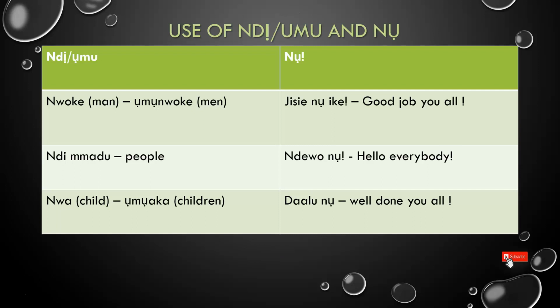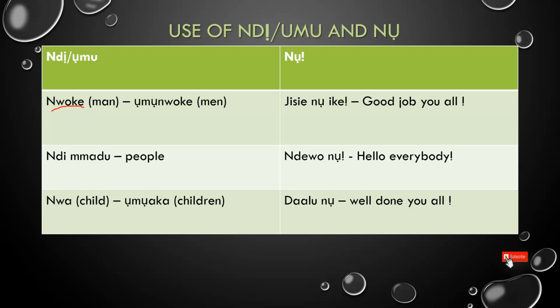Let's see examples of how we use ndi or umu and no. Here we have nwoke, which is man. We don't have a way of saying a or the in Igbo language. We don't have a way of saying a man or the man.